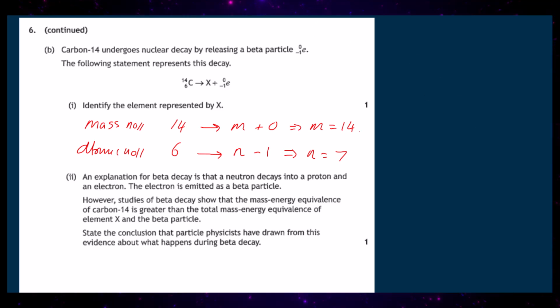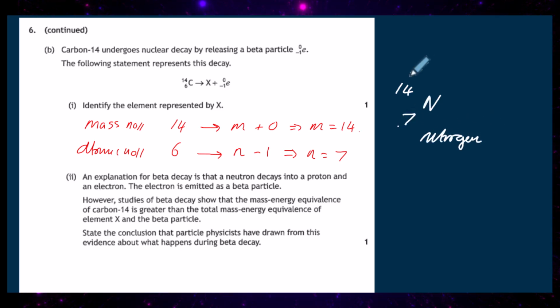So our missing element should have a mass number of 14 and an atomic number of 7, and if we look that up in our data sheet, especially our periodic table, the atomic number 7 is going to give you the element, in this case nitrogen. So it's going to be N for nitrogen. So our missing element is nitrogen, atomic number 7 and mass number 14.